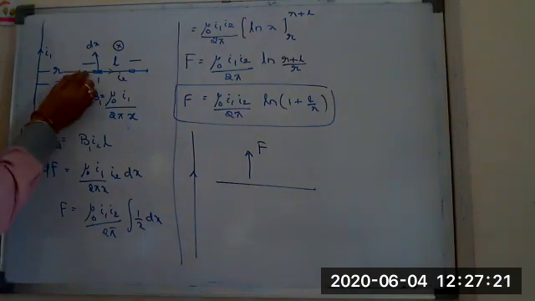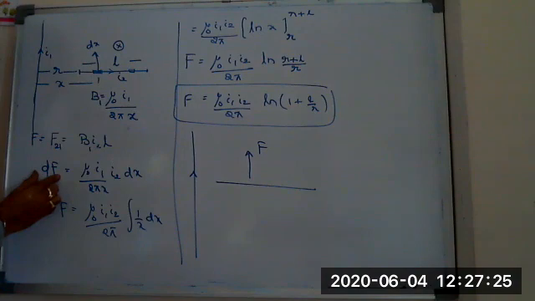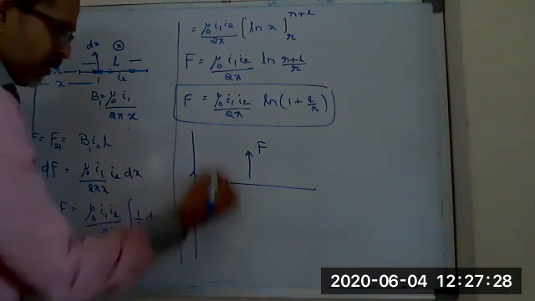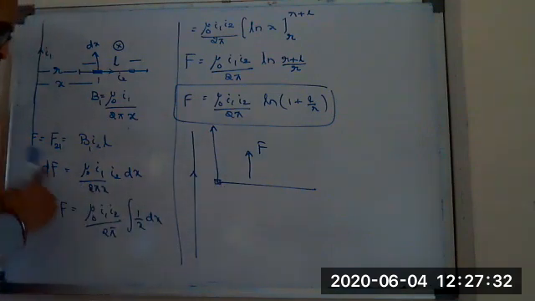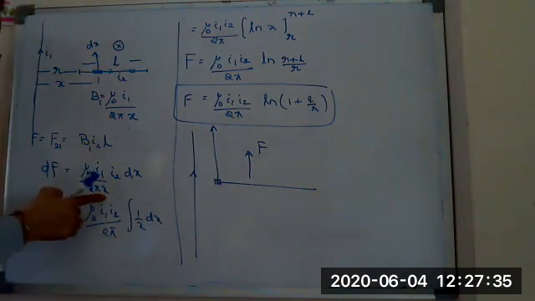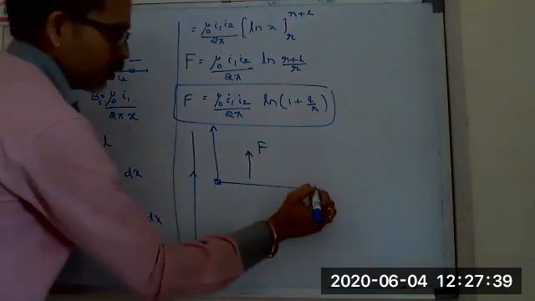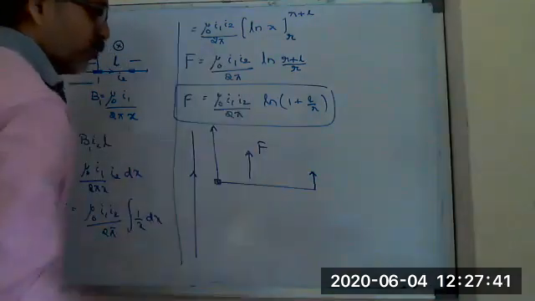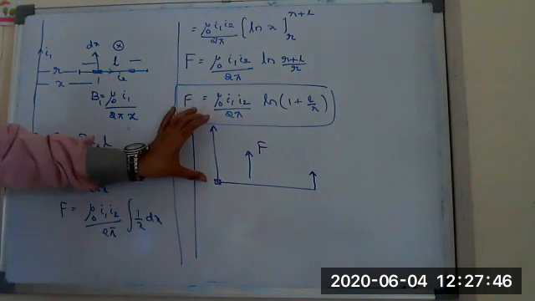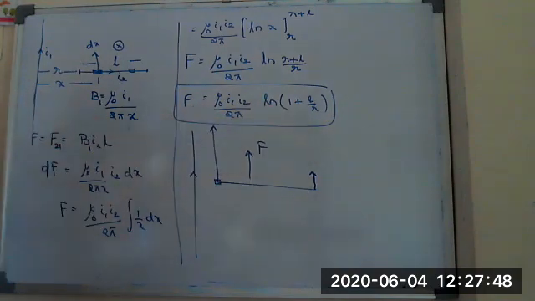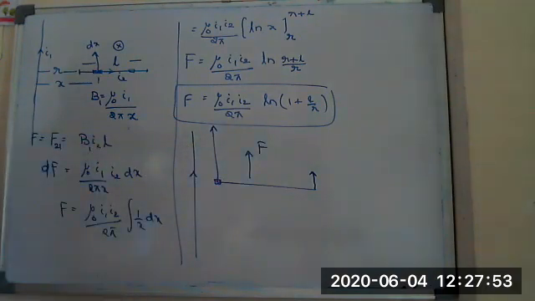If the element is at a lesser distance, the force is more. If you come to the farther end, the distance from the conductor is more, so the force is less. The force is still upward, but smaller. To show the strength, I drew a bigger line here and a smaller line there; the force magnitudes at the two ends are not equal.